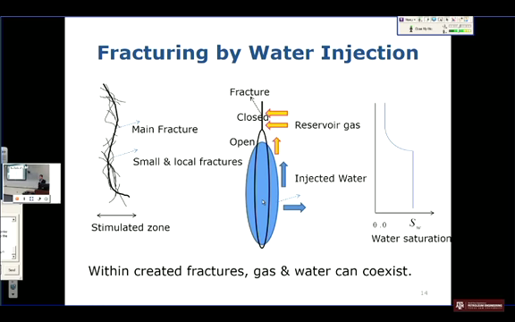Due to gravity, the water usually takes the lower part, and gases take the upper part. So gas and water can coexist. This gap is actually due to the difference in the time scale between the flow and geomechanics.